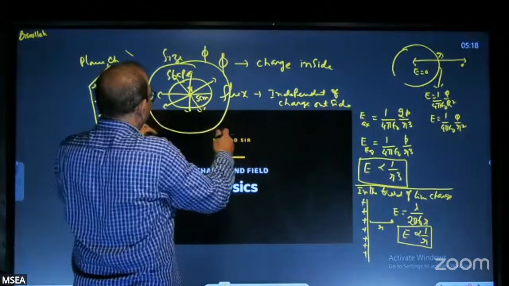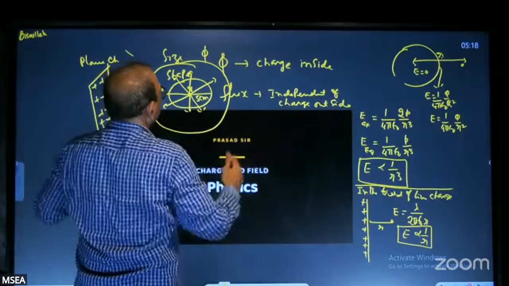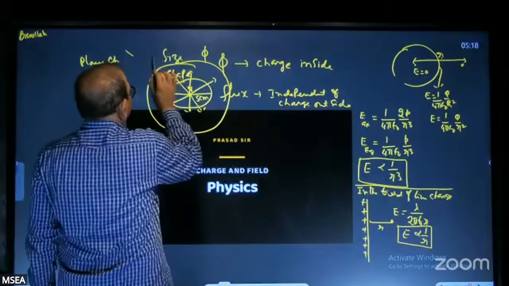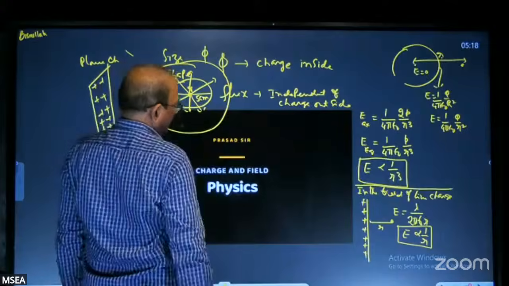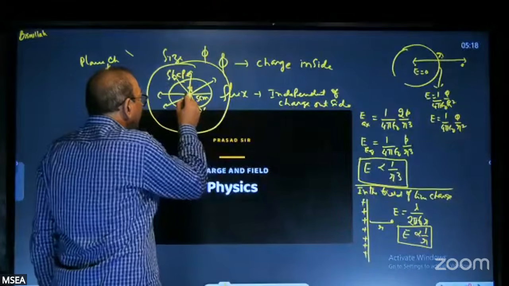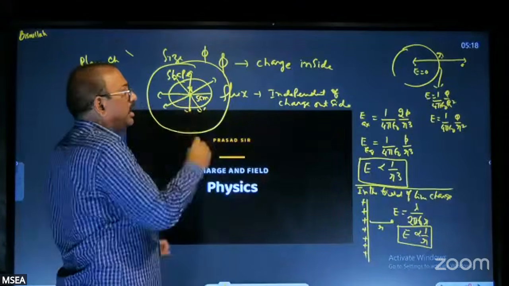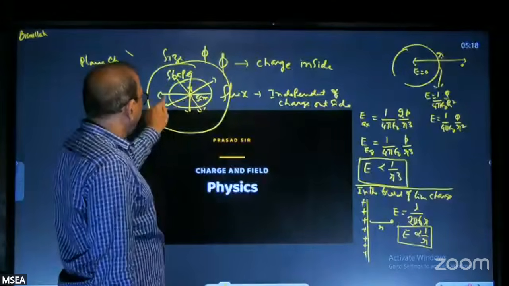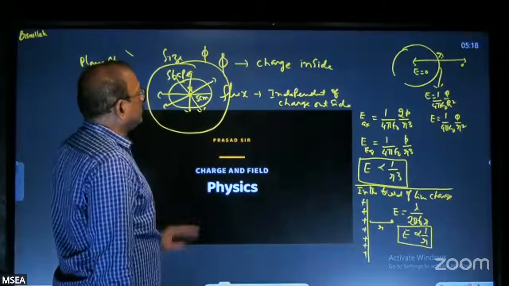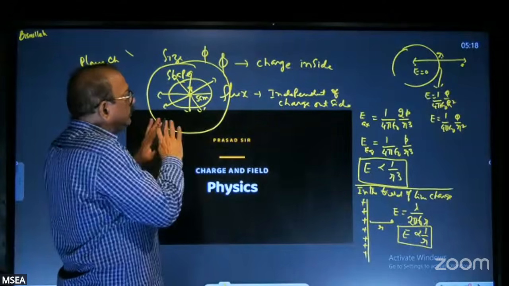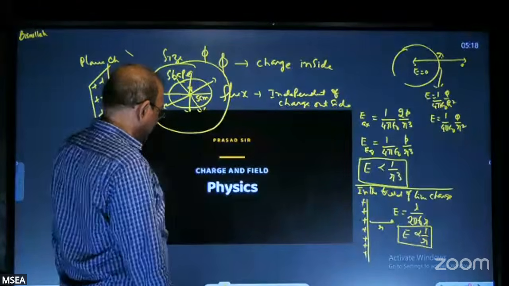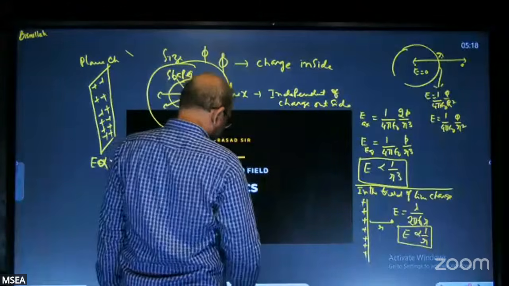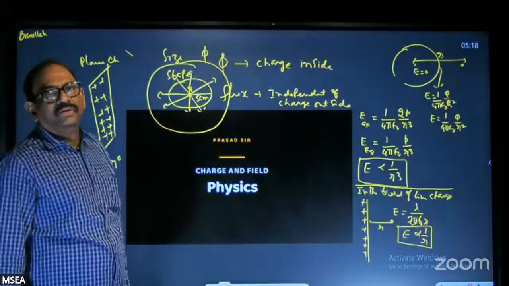Same flux, same field lines pass through it. Flux doesn't depend on the size of the Gaussian surface, the shape of the Gaussian surface, and the position of the charge inside. Wherever this charge is present inside, flux will be the same. So these theoretical, conceptual points, focus on them.